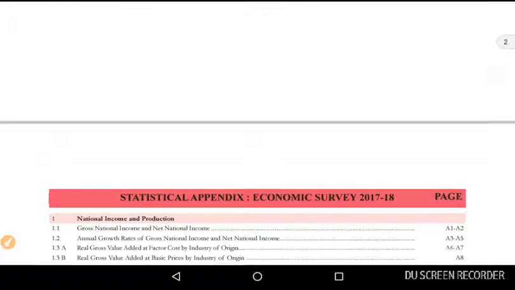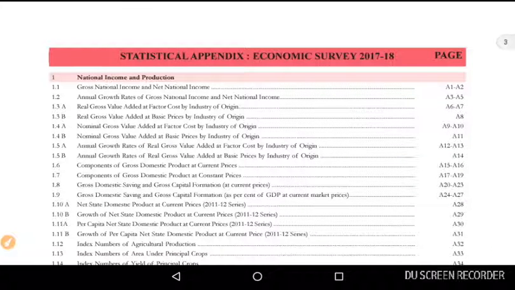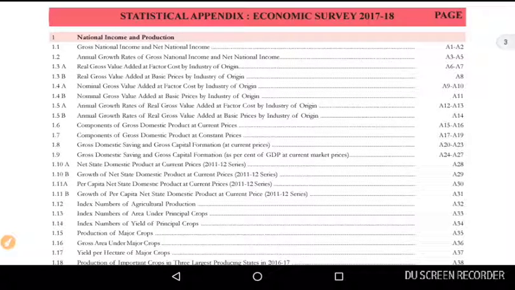And now you can see what I want to teach, because you must know what GNI, gross national income, is, the basic figures, I mean the definition. You must know the definitions: gross national income, net national income, real gross value, and annual growth rate.